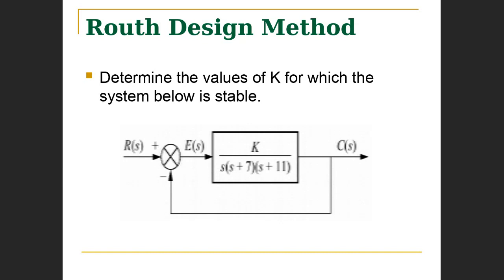But what we do understand is that as the designer, we have control over a particular parameter called k. We can actually set that, and we want to set k such that the system is stable. Quite likely, there are going to be some values of k that will make the system unstable, and we don't want that. So we're going to avoid those values of k.